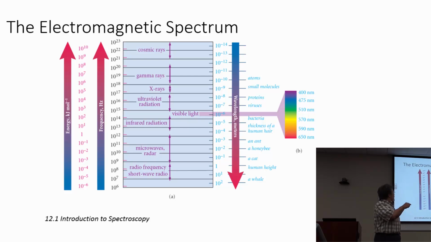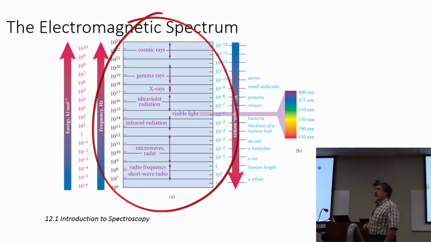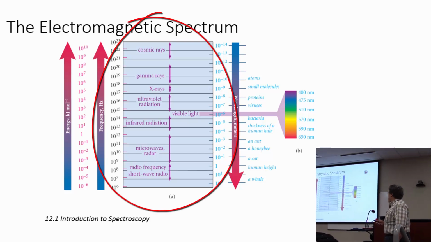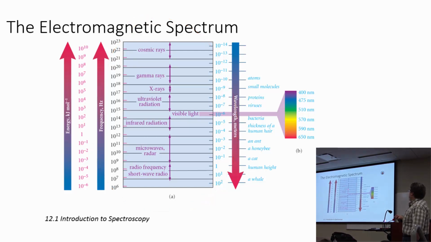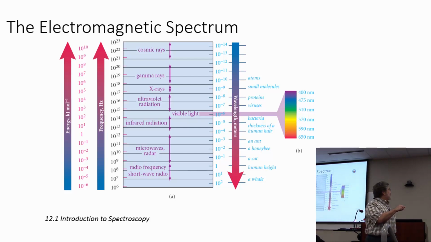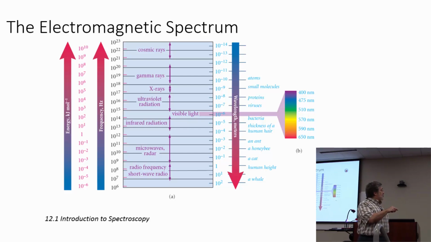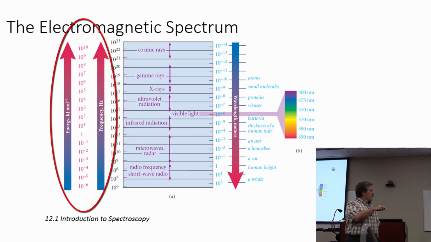In the middle column, you've got the electromagnetic spectrum: radio frequency down here, visible light there, cosmic rays up there. As you go up, frequency is increasing and wavelength is going down. There's the frequency arrow. Remember, frequency and energy go together. If one increases, the other increases. Wavelength runs the other way.